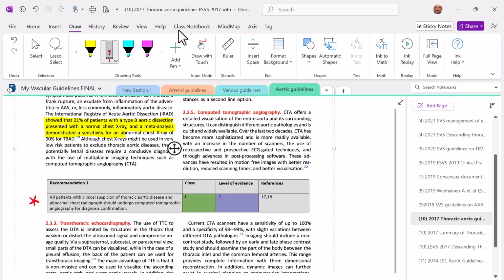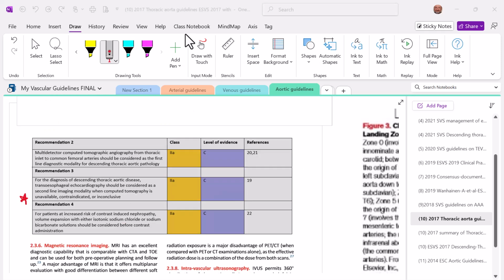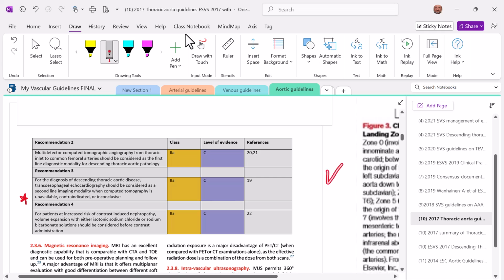So this is grade 1, level of evidence C, and this is recommendation number 1. Here are the related recommendations, you will see this in the guidelines. So 2, 3, and 4, all of them are related to diagnostics, and they are important.